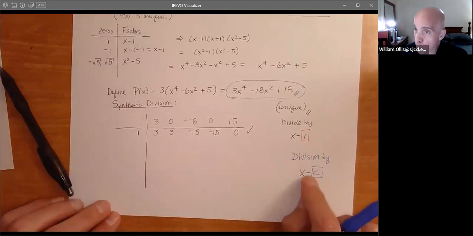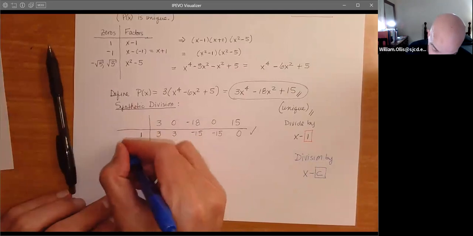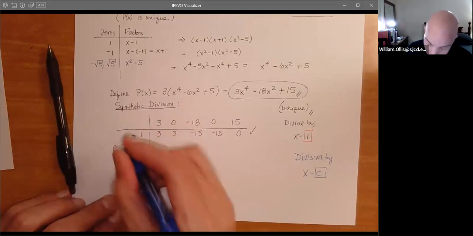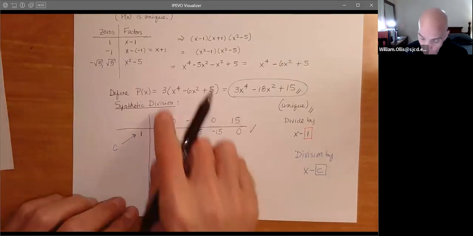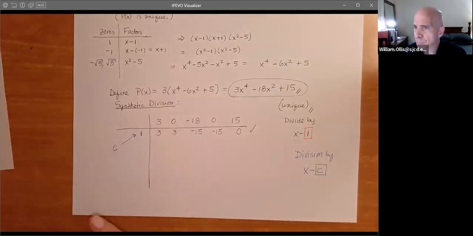And we always preserve the minus. So if it's a plus, we have minus minus. And this is the c right here. Bring down the coefficient, move forward. Now, one thing that's interesting about this is that it doesn't matter what the c is.